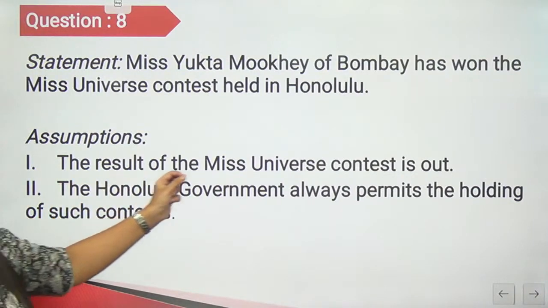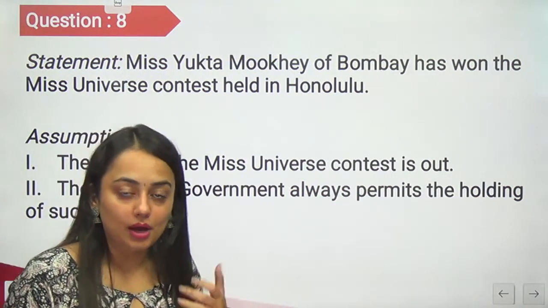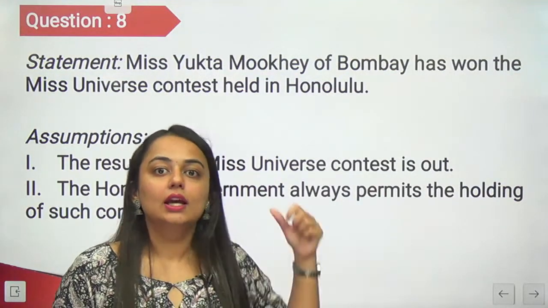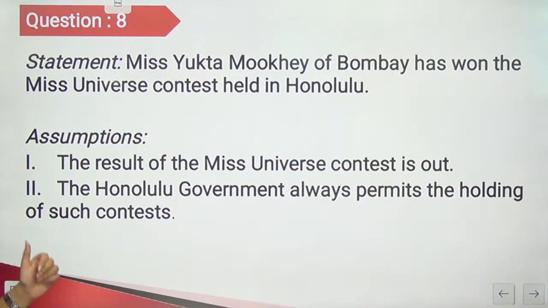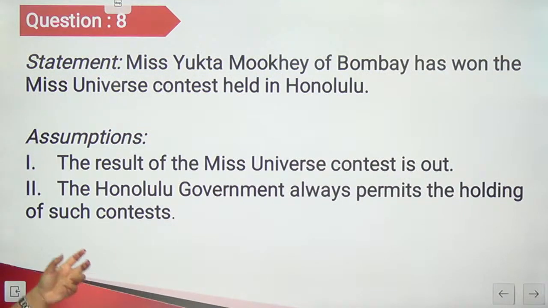The result of the Miss Universe contest is out. Quite obvious, because the results are out, and he knows that this particular lady has won this contest. He or she is issuing the statement. And the second one, the Honolulu government always permits the holding of such contests.